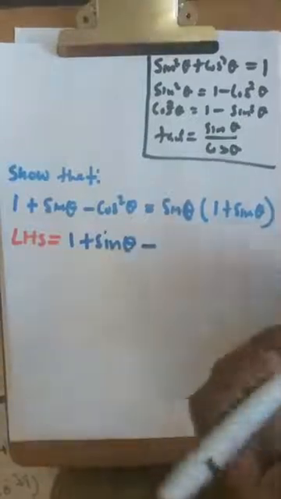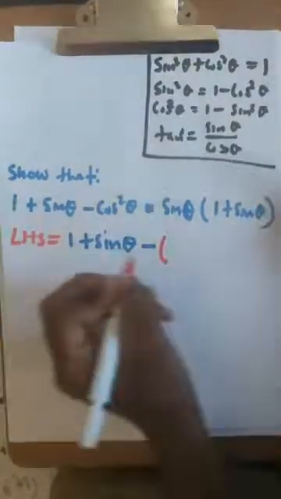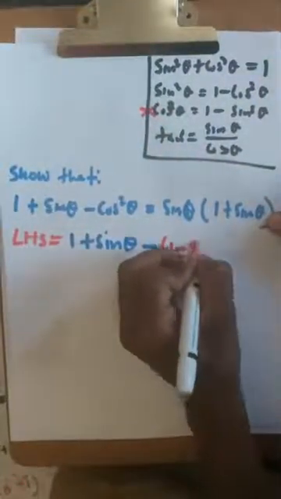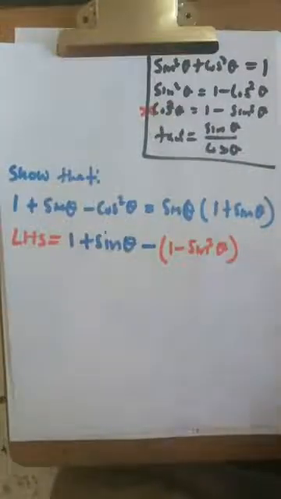Another way is that cos squared is basically 1 minus sine squared theta. We want to change it.